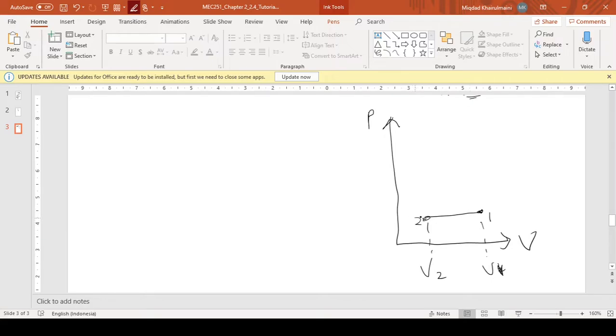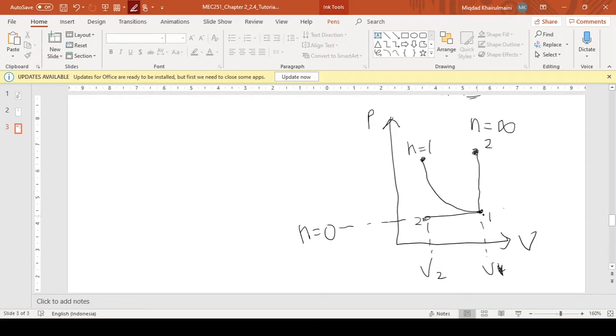So this is n equals 0, for the isobaric process, compression with constant pressure. Here n equals infinity. For the isothermal process, say here, n equals 1.